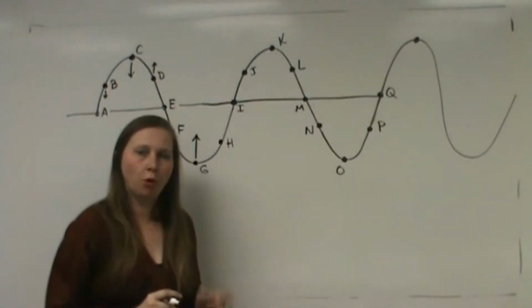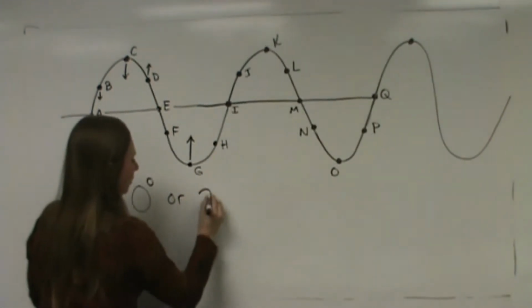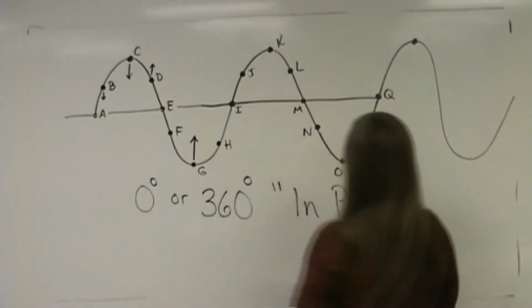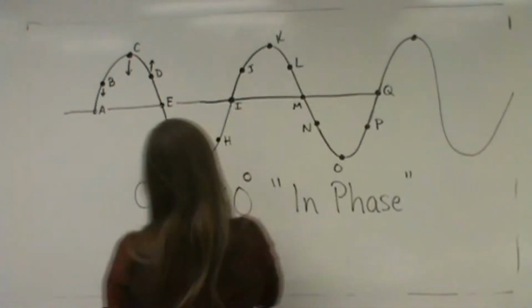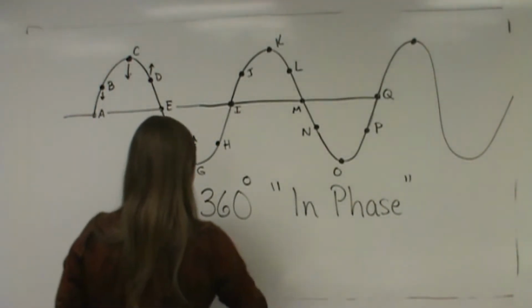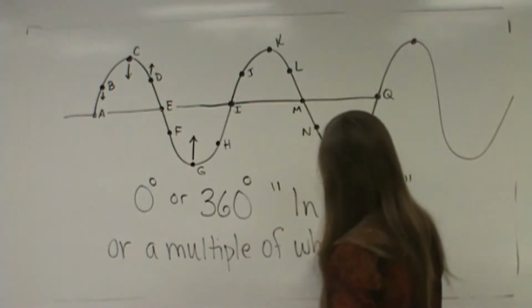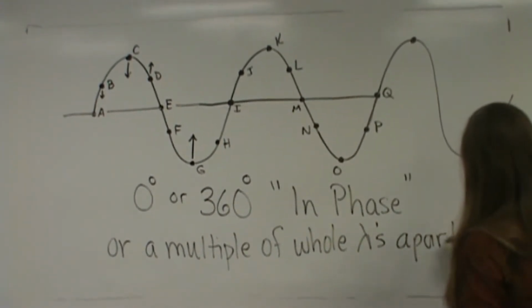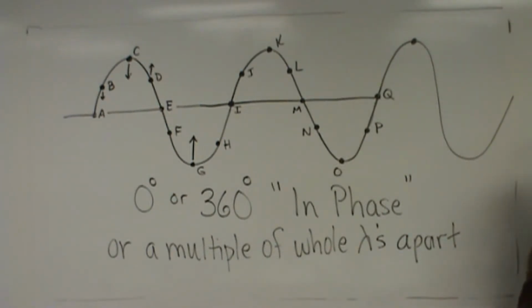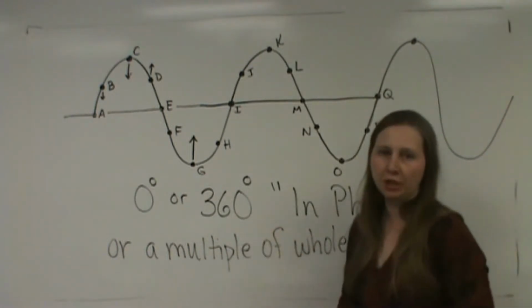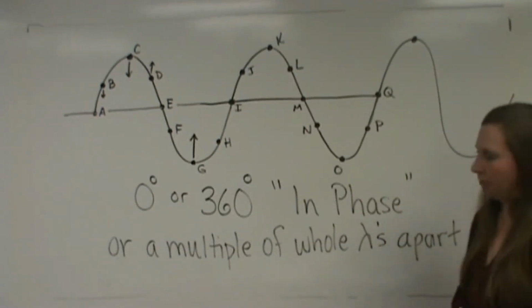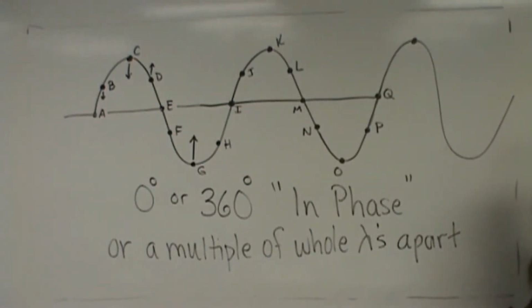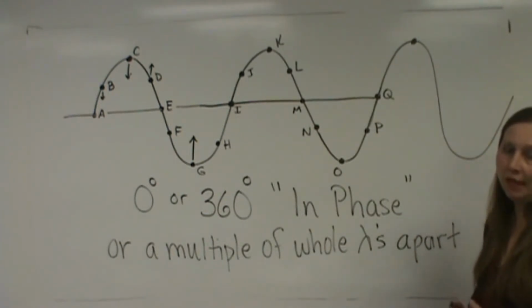If the angle between 2 points is 0 degrees or 360 degrees, those 2 points are in phase, or they are a multiple of whole wavelengths apart, that's lambda, whole wavelengths apart. 1 wavelength apart, or 2 wavelengths apart, or 4 wavelengths apart, etc.